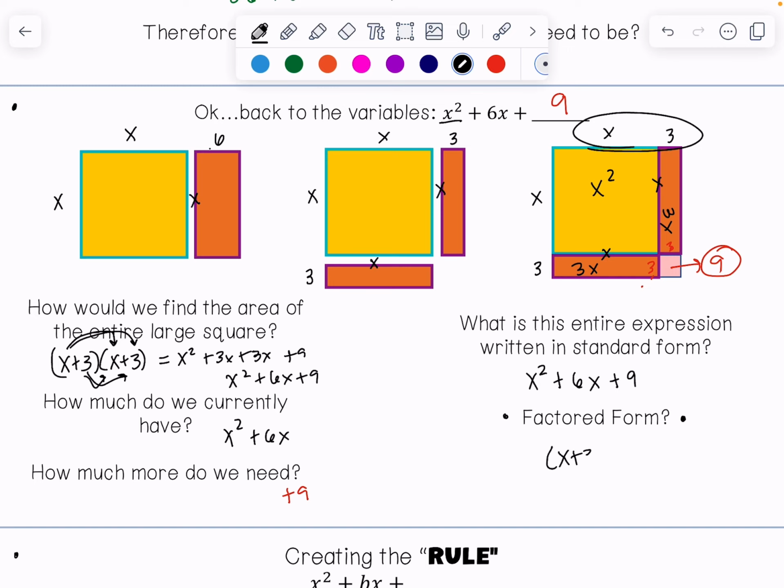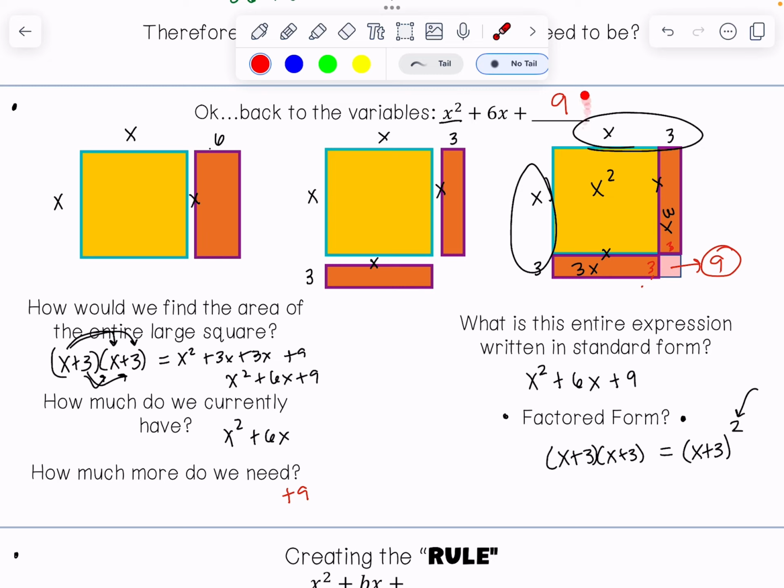It was x plus 3 times x plus 3, which we can rewrite as x plus 3 squared. And this is how we see that square algebraically: by adding this area here, we created a square where each side length is x plus 3.